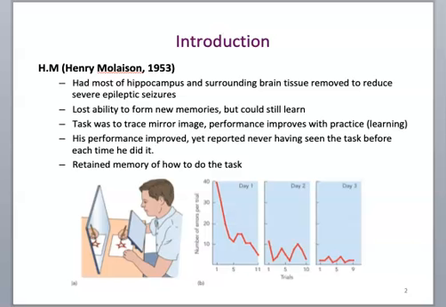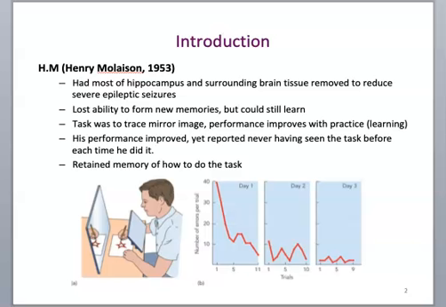The chapter starts off with an introduction section talking about HM, as they call him, just to point out how interesting and complicated memory can be. So Henry apparently had a surgery where he had most of his hippocampus removed and some surrounding brain tissue due to epileptic seizures.